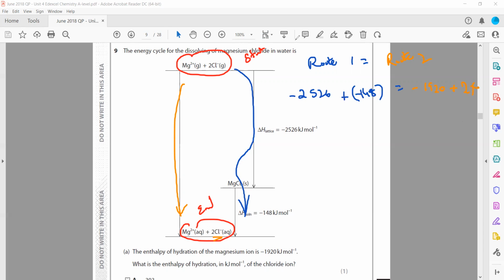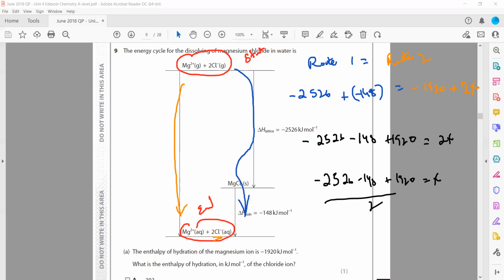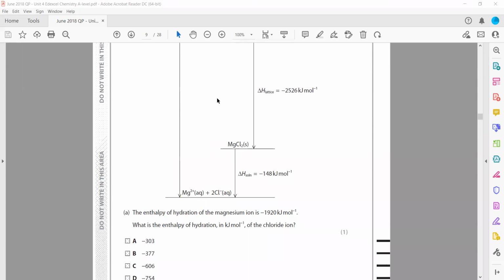Then we simplify this: minus 2526 minus 148 plus 1920, divided by 2, will be equal to x. So this will give us minus 377, so B is the right answer.